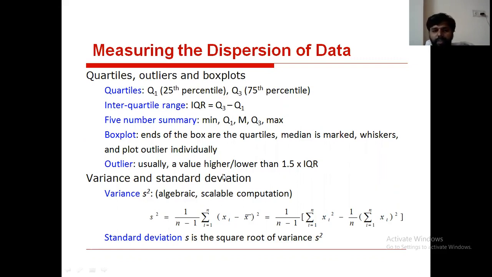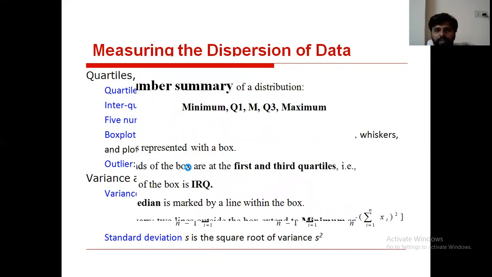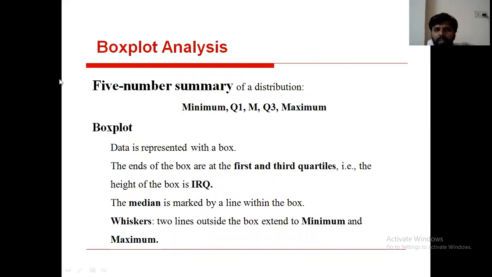Then we already discussed two more measures called variance and standard deviation. Variance is represented by S square and standard deviation is represented by the square root of variance, meaning square root of S square. And we already discussed the box plot.